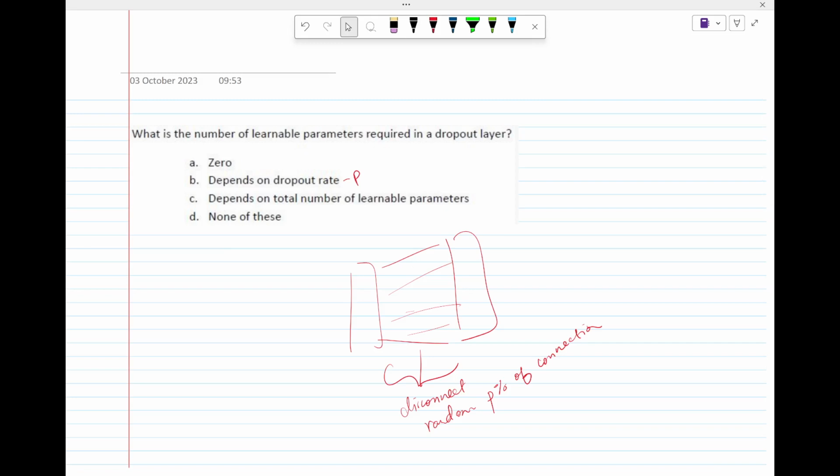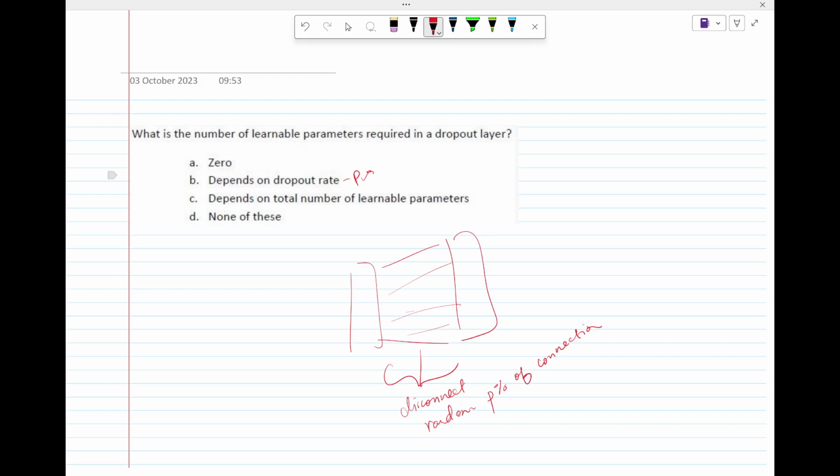This P is a parameter, but it's not a learnable parameter. You don't learn the parameter using gradient descent. It's a hyperparameter that you need to decide on your own based on some domain knowledge or intuition, or you randomly try out 5 or 6 values and see which one works best for you.